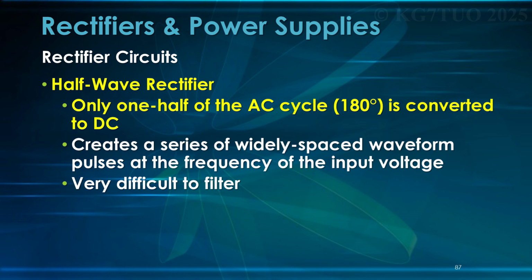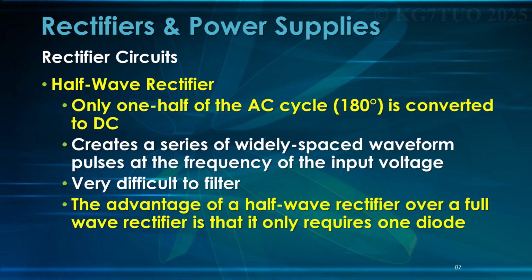The AC has a peak at the top and a peak at the bottom. So it's only taking the voltage for half of the cycle. If you want all of it, you've got to get another diode in there for the other half of the cycle, and you get a full wave.